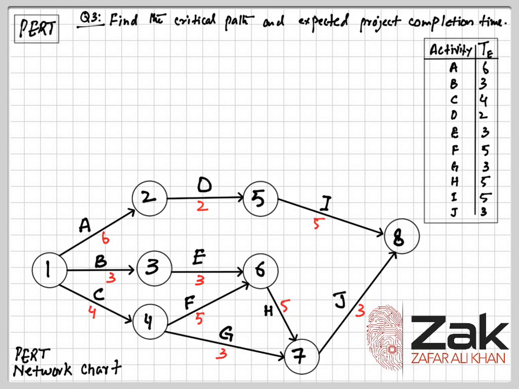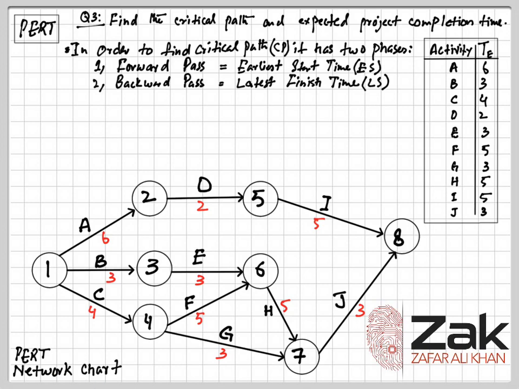The first thing, to find the critical path, you have to place the expected duration of every activity on this network chart. Afterwards, we need to find the expected completion time. In order to find the expected completion time, first we have to complete the critical path.